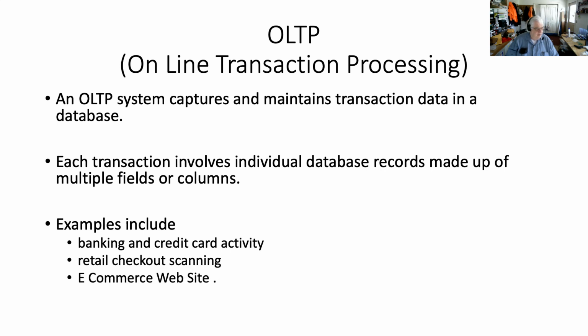And probably the classic today is an e-commerce website, where somebody like Amazon is dealing with millions of transactions a day, and they need to know whether something's in stock or out of stock in real time.